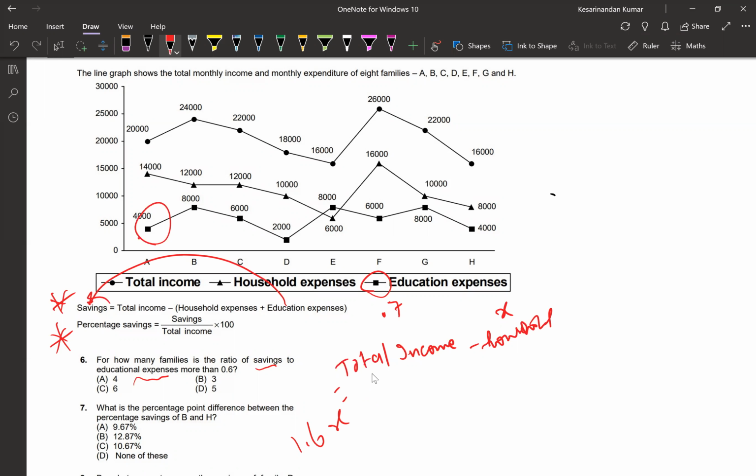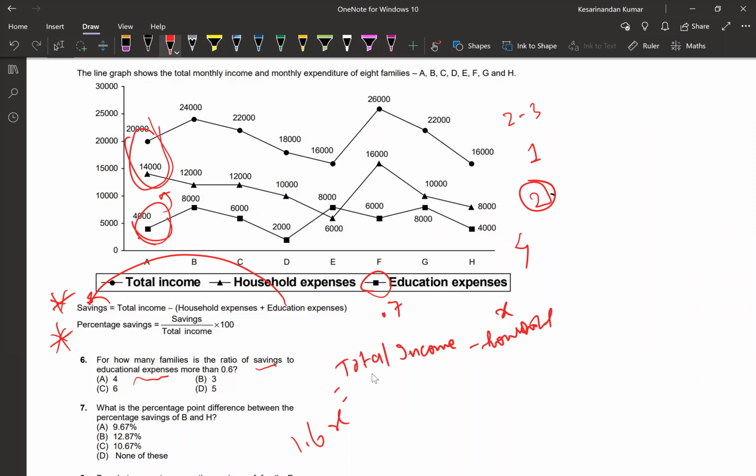So instead of every time subtracting and taking a ratio, if it took you 2 to 3 minutes, it will take you 1 minute now. Just subtract this and multiply this by 1.6. Now just compare which one is greater. That's it. Job done. I know it won't look like much, but instead of a 4-step calculation, now it is a 2-step part: subtract, multiply and compare.